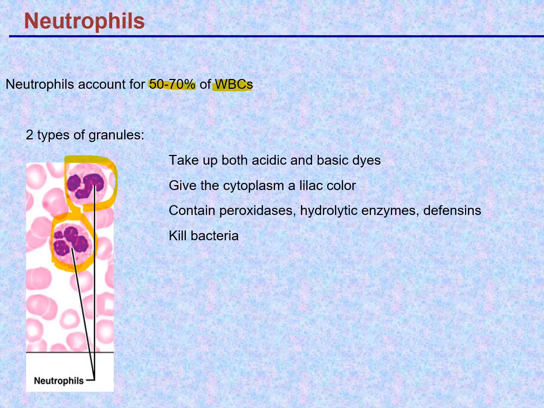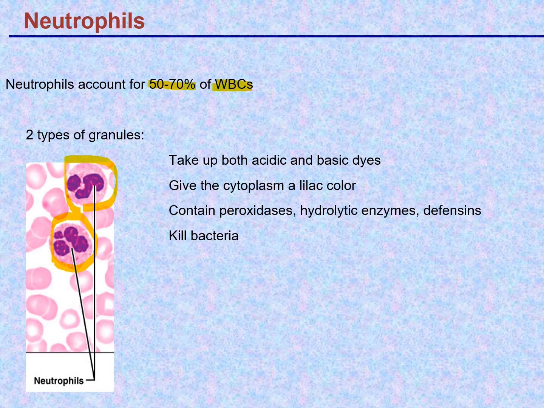The granules contain enzymes that can generate a class of molecules that are called oxygen radicals. These are highly toxic and are able to kill bacteria that the cell phagocytoses.